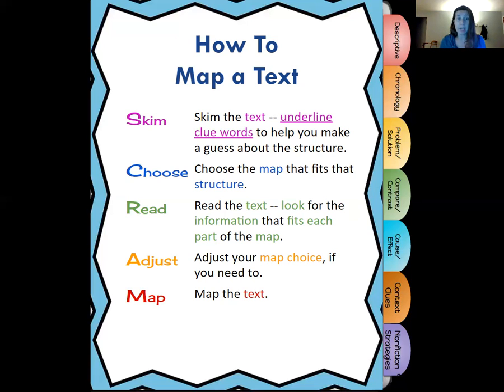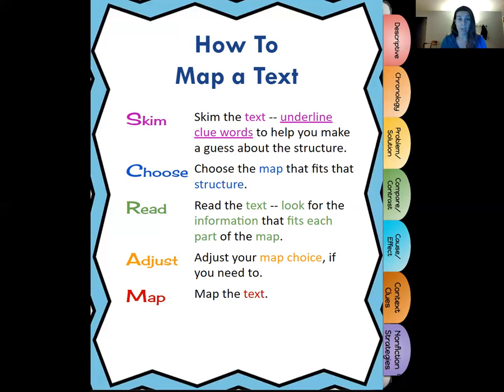After reading that text, you can either say, that is the text structure I thought it was, or maybe not so much. I might need to adjust my thinking and choose a different kind of map to lay out the important information of the text I just read.